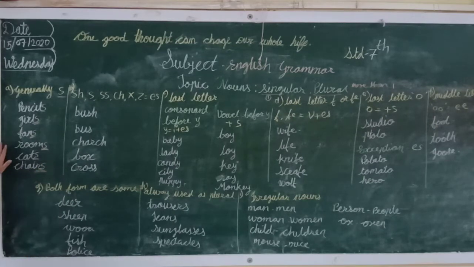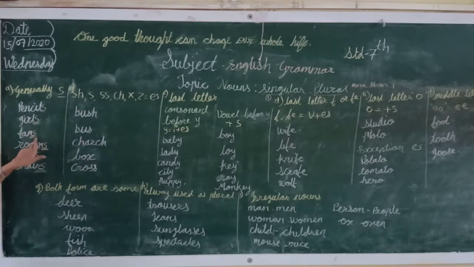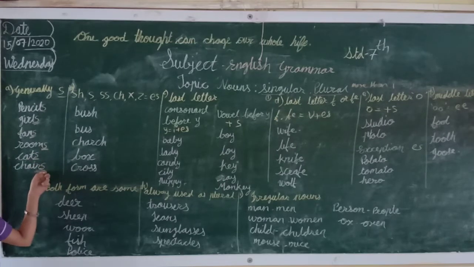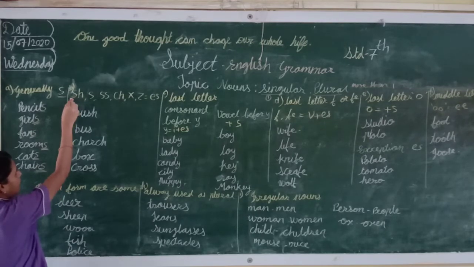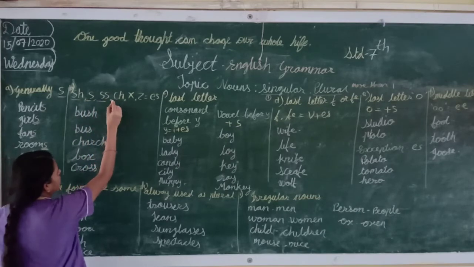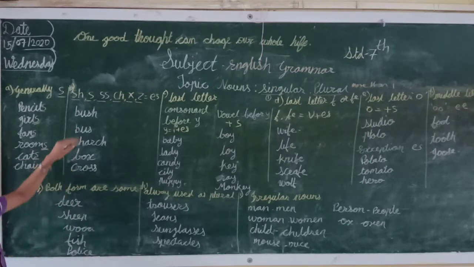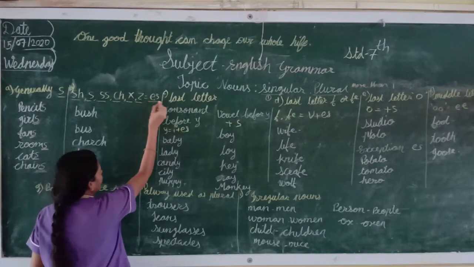I hope students you understood the first rule, how to make singular to plural. Mostly we use s. But we can't use s every time. Some other cases: when the last letter is sh, s, ss, ch, x, z, at that time we have to use es.